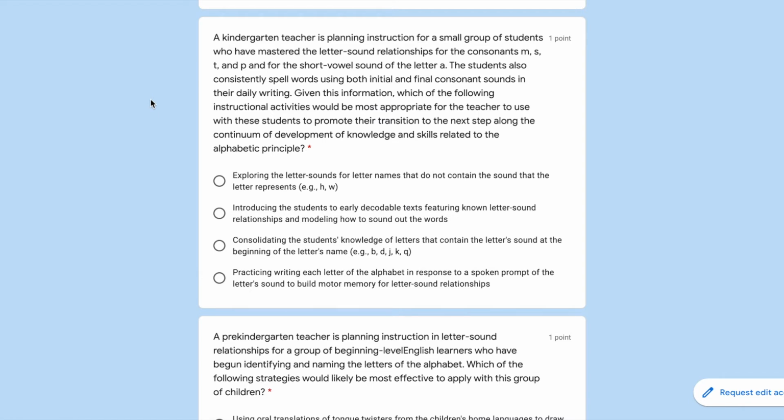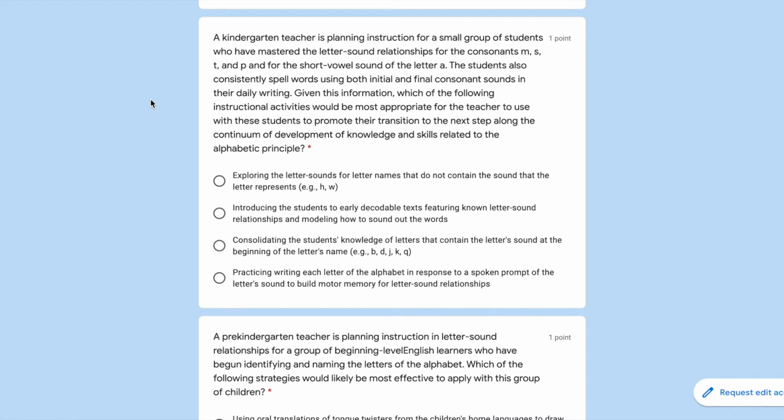Given this information, which of the following instructional activities would be most appropriate for the teacher to use with these students to promote their transition to the next step along the continuum of development of knowledge and skills related to the alphabetic principle?